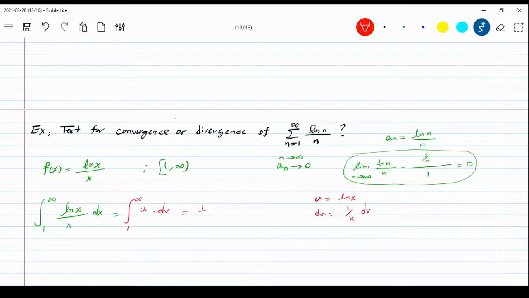And this would be 1/2 u squared evaluated from 1 to infinity, and that is the limit of 1/2 u squared as u approaches infinity minus 1/2 times 1 to the power of 2. That is simply infinity minus 1/2, which is infinity. Okay, so it tells us that this series is a divergent series. I can say divergent.